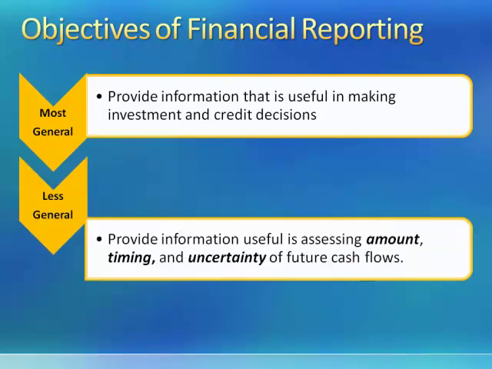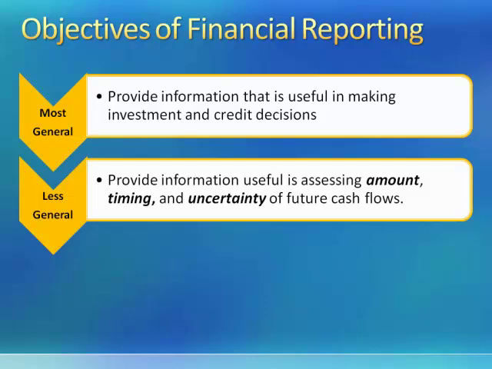Getting a little less general, financial reporting provides information that's useful in assessing the amount, timing, and uncertainty of future cash flows. Thinking back to our previous example, we want to help Joe assess how much he will get paid, when he will get paid, and any uncertainty associated with those payments that might come into play.